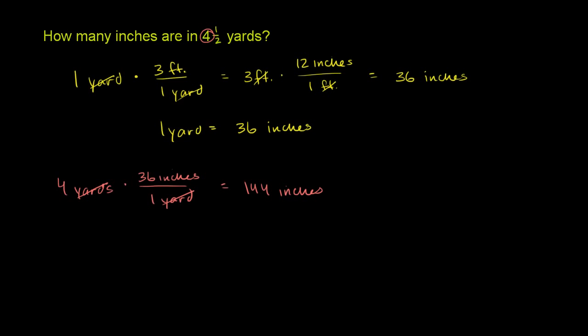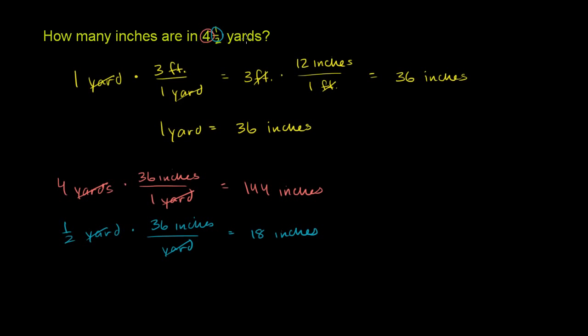And then if we do the half yards, so 1/2 yard, once again, times 36 inches per yard. The yards cancel out. 1/2 times 36 is going to be equal to 18 inches.